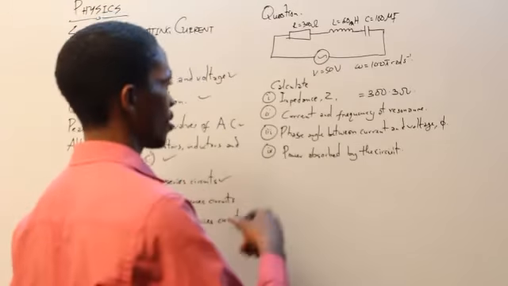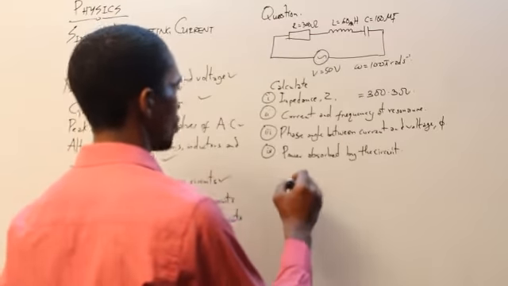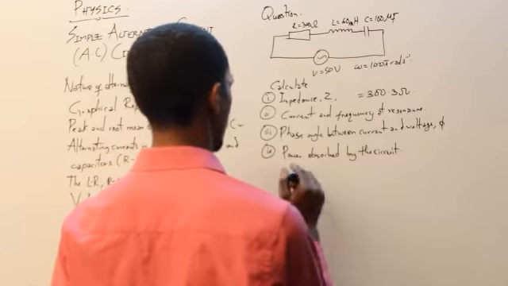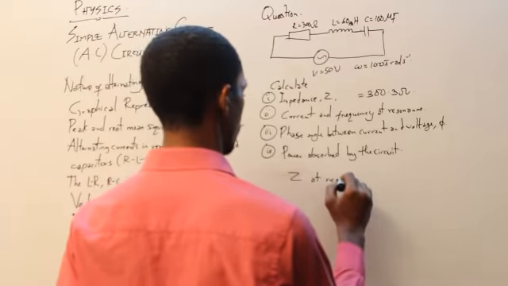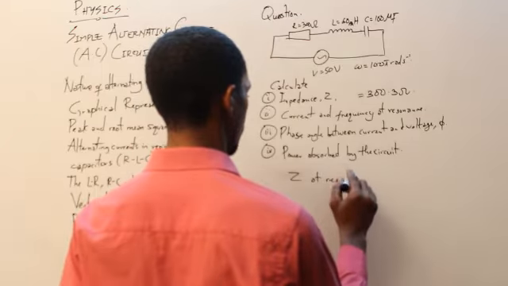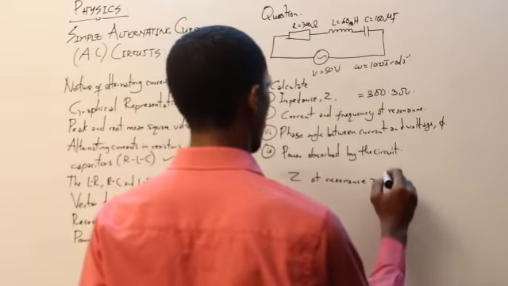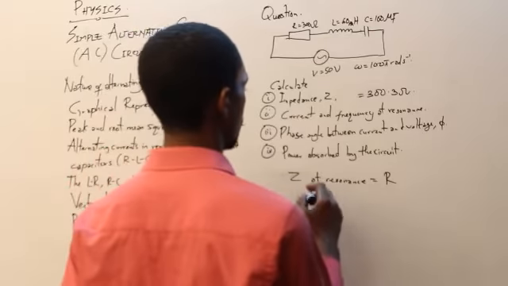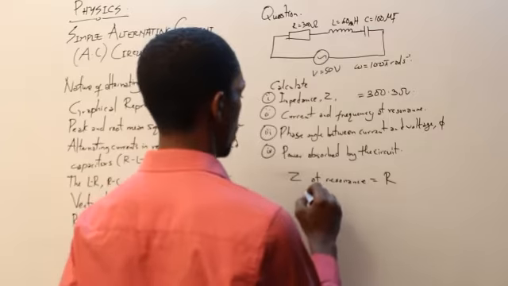So at that point our impedance at resonance equals R. We've not really talked about resonance yet; we'll talk about it in a bit, but let's do the calculation and come back to that.